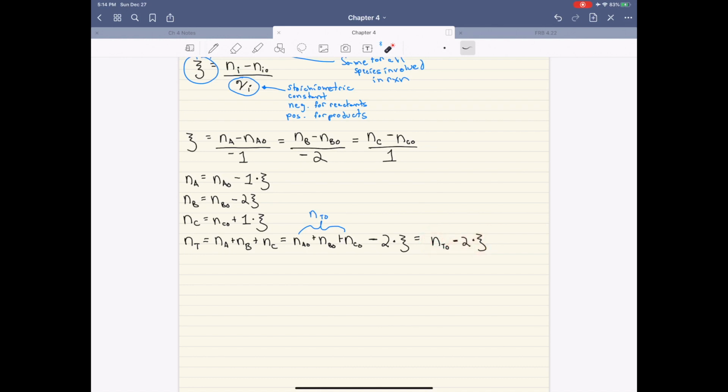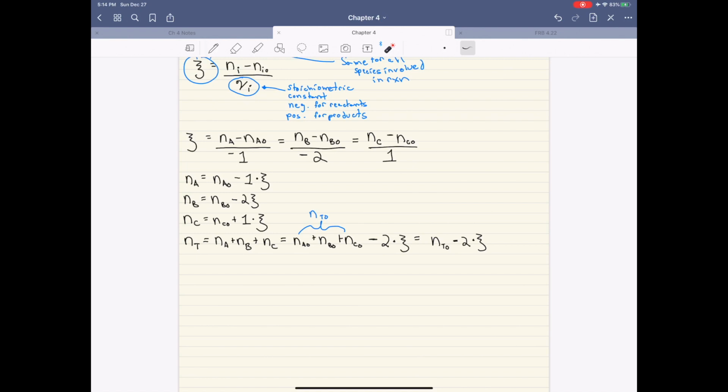Right? And if you remember in the previous video, when I described the extent of reaction, I described it as a way to quantify how many times the reaction occurs. And so the more moles you react, or the longer your reaction runs, your extent of reaction increases. The extent of reaction will start at 0, and then it will increasingly become more positive.